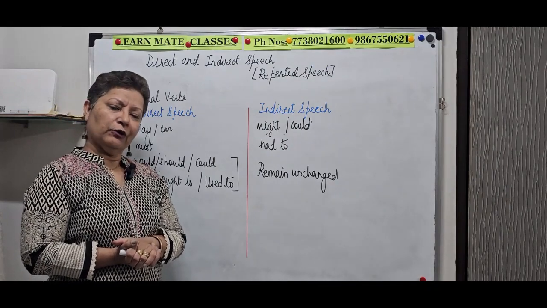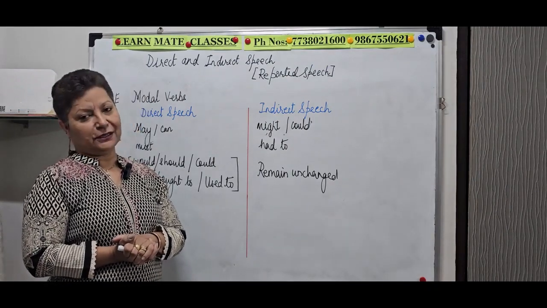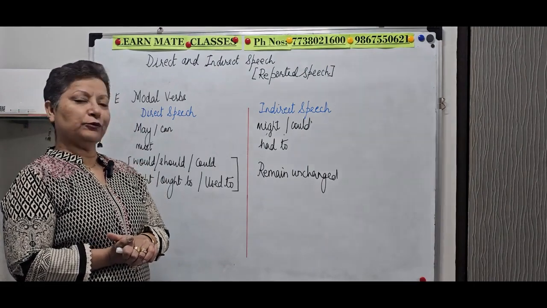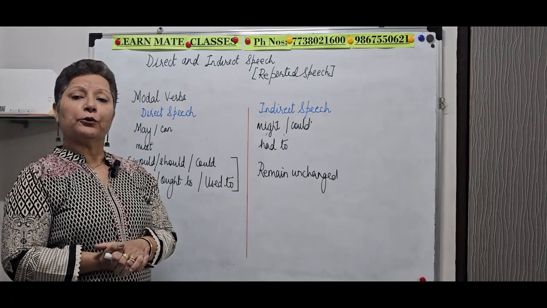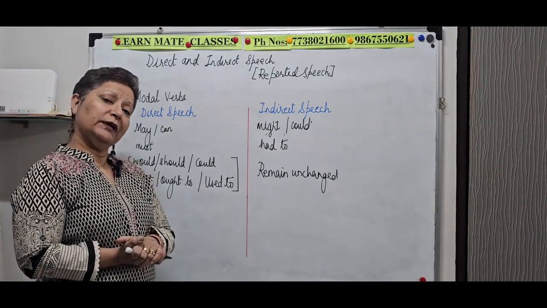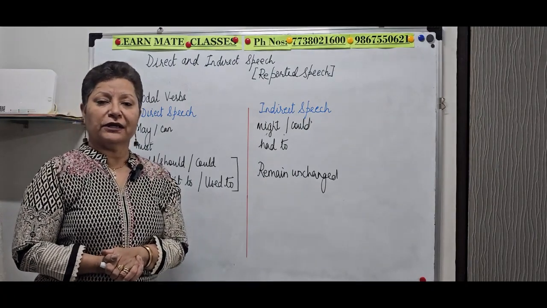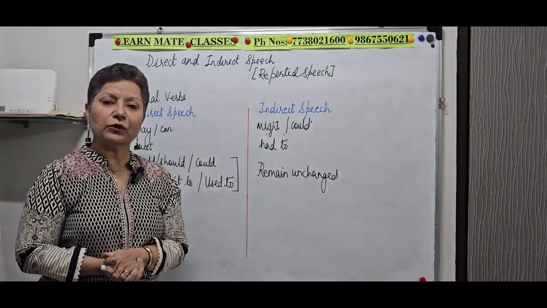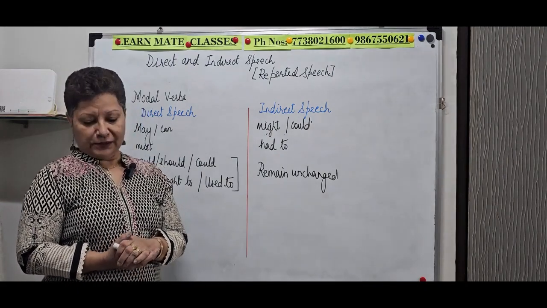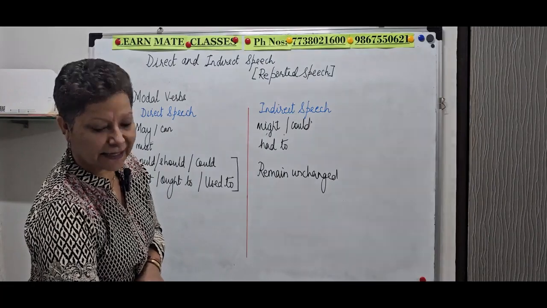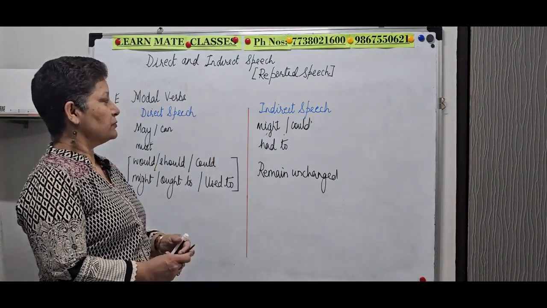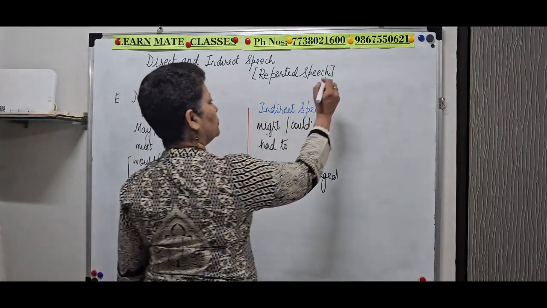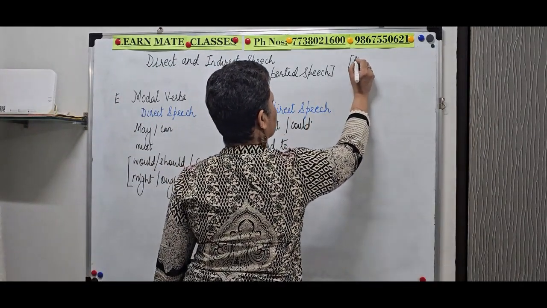So you can follow up for the next part in part 2 of the lecture, and that would be talking about the other rules: how pronouns change, how words indicating nearness change to words indicating remoteness or distance. So we'll meet you in the second part of this lecture. So I'm going to label this as part 1.